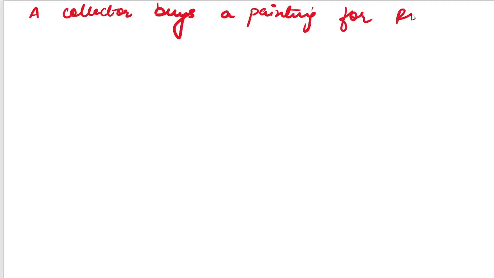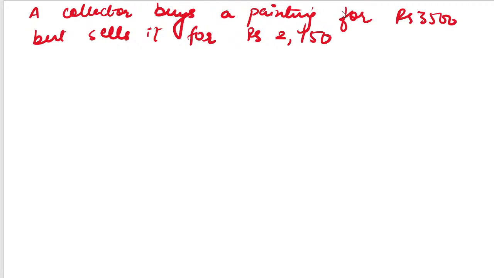If I say a collector buys a painting for rupees 3500, but sells it for rupees 2750, find the gain or loss. So you have to find out the gain or loss.